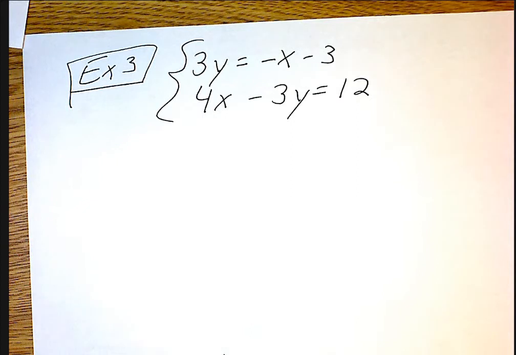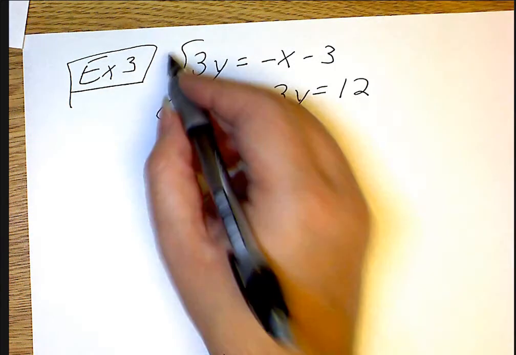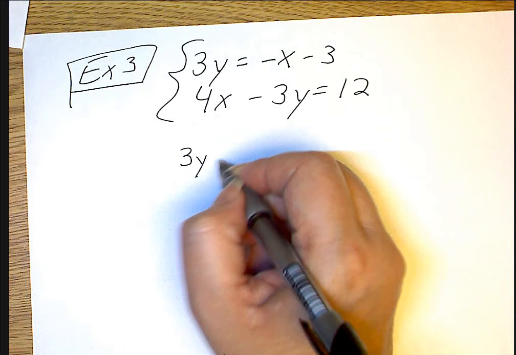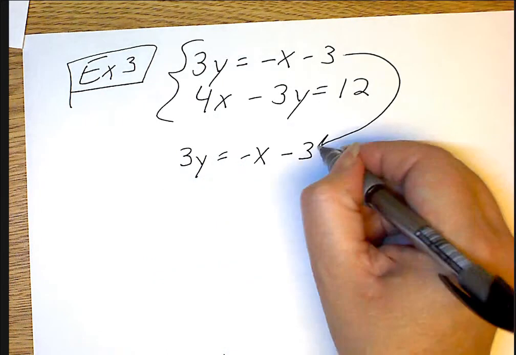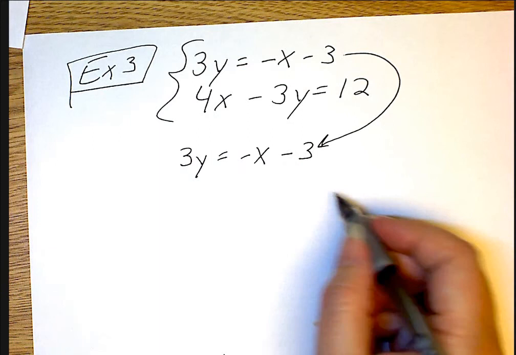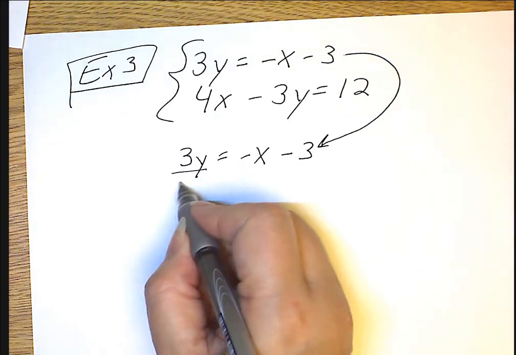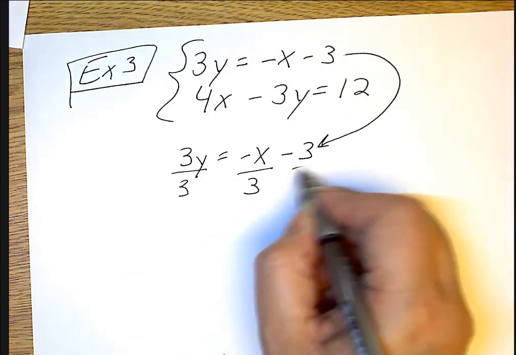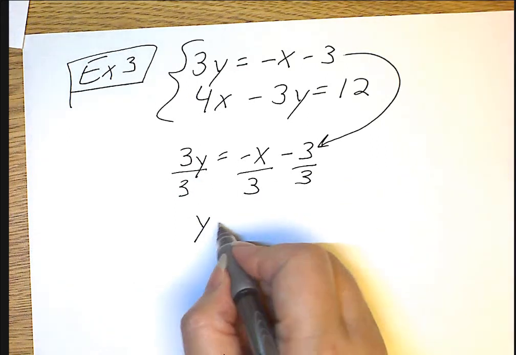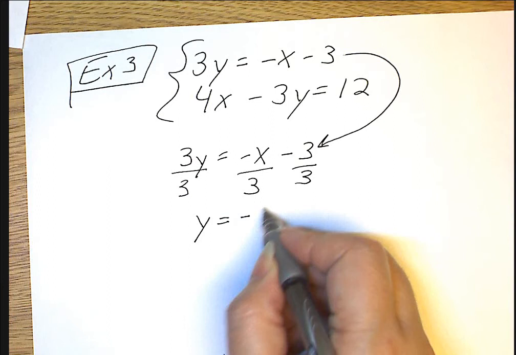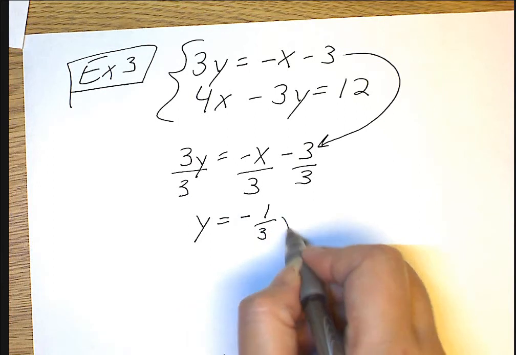So, what can we get by itself? The y. So I'm going to take this first one, I'm going to rewrite it, 3y is equal to a negative x minus 3, just bringing it down. And I'm going to solve it for y. So I'm going to divide by 3. I get y is equal to a negative 1/3 x minus 1.